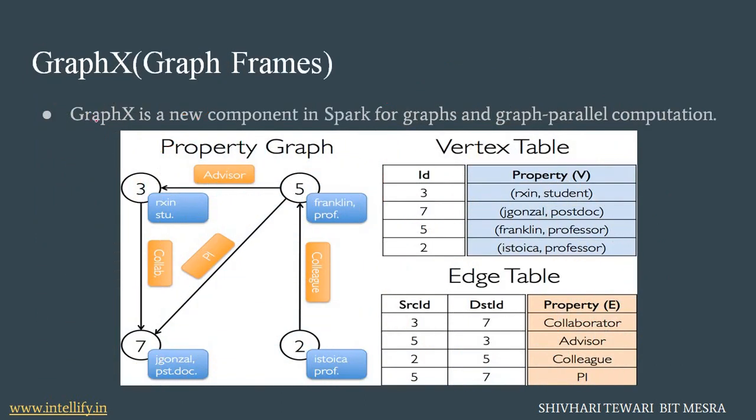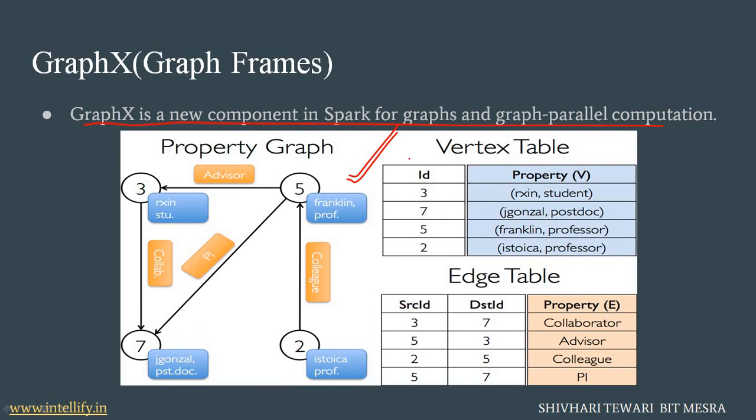Now comes GraphFrames, that is the graphical data set or graphical property of the Spark library. So GraphX is a new component in Spark for graphs and graph-parallel computation. Here is the process. First it has an ID and property, which is the vertex table and edges table, and it has shown the data in the form of a graph.